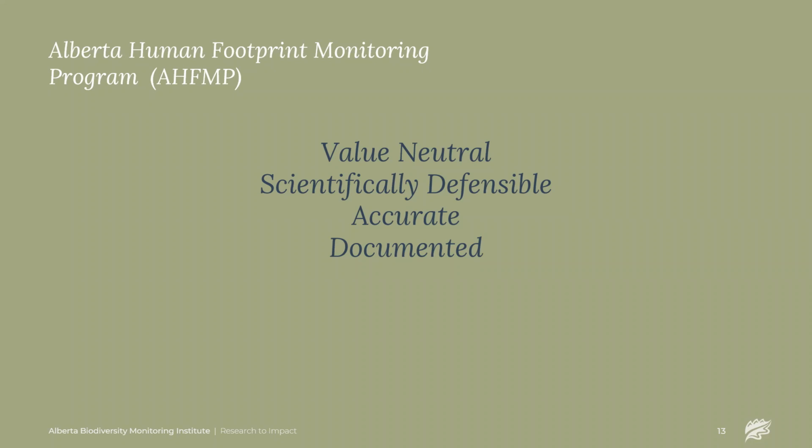Essentially, when we see human footprint, we capture it, but it's not biased by any opinion. We just capture it as we see it. We are trying to be as accurate as possible, as consistent as possible overall through the entire province, and scientifically defensible. So we think that we know what we are doing, and we value all the high-end science that is being published and documented in this field.